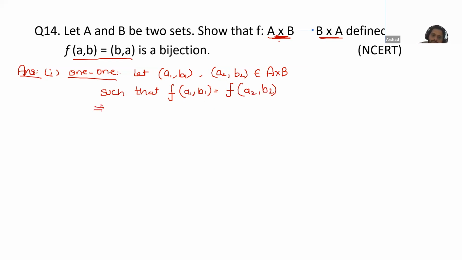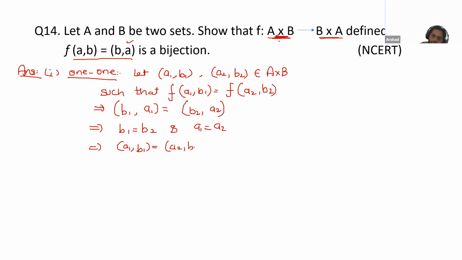This implies, what is f(a1, b1)? It is (b1, a1), which is equal to (b2, a2). So from here we can say b1 is equal to b2 and a1 is equal to a2. So the ordered pair (a1, b1) is equal to the ordered pair (a2, b2). Hence the given function is one-one.